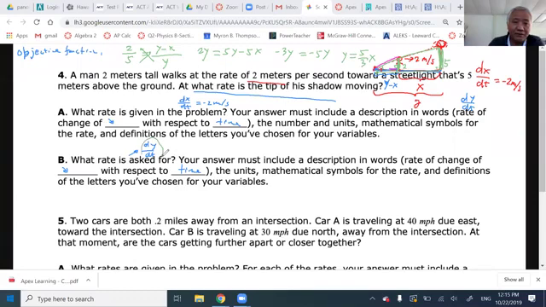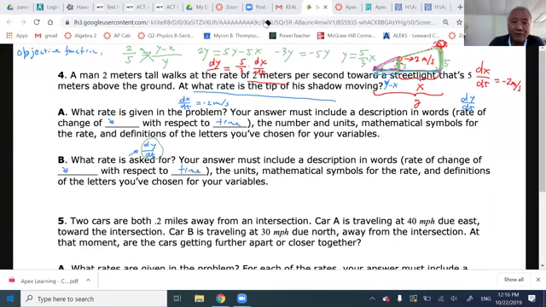Now, for this question, we're looking for dy/dt, right? We're looking for dy/dt now. So what we're going to do is simply take the derivative. We get dy/dt equals 5/3 times dx/dt.